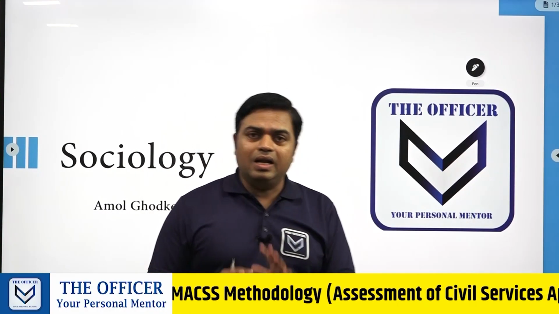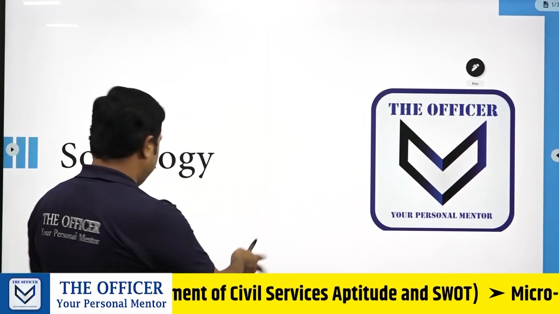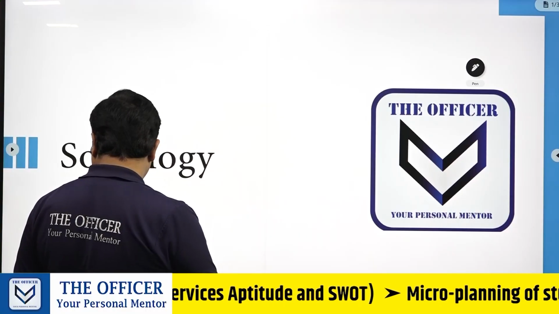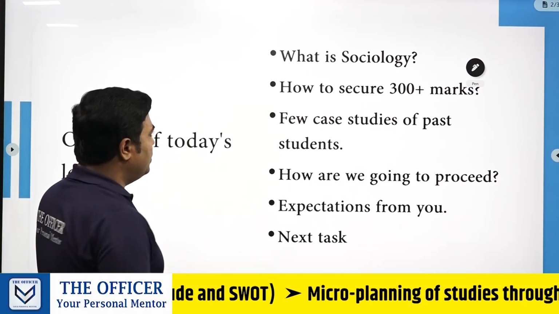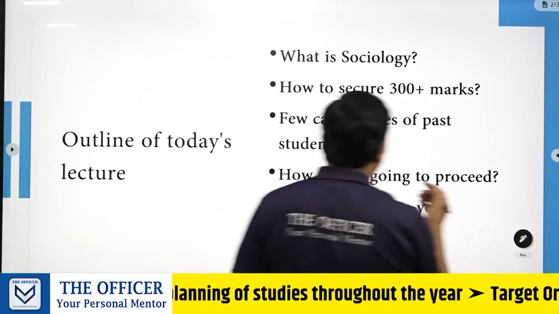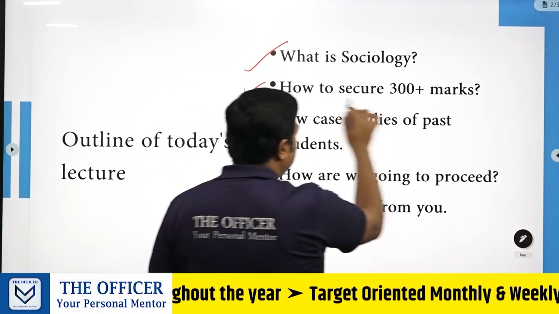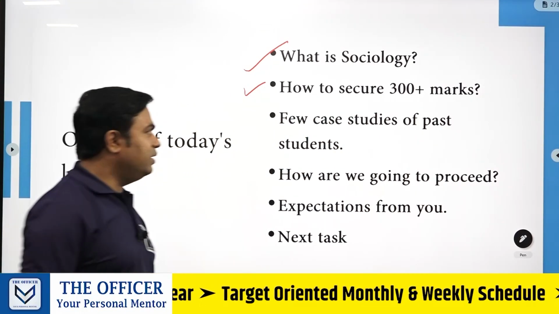In this session, first of all, we are going to discuss the agenda. What is the agenda of today's session? First, we will try to understand what is meant by sociology. Second, how to secure our dream marks, that is 300 plus marks.